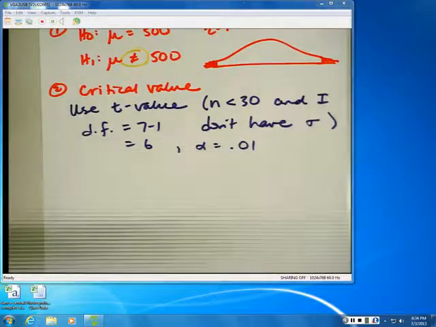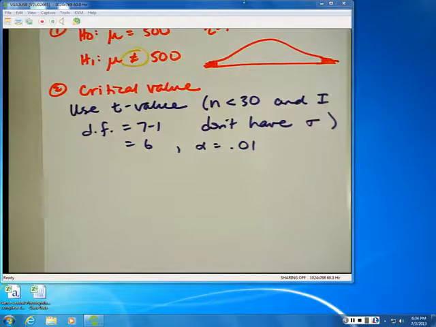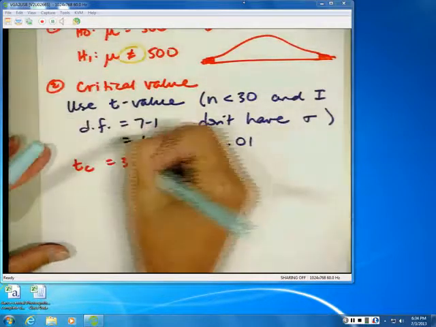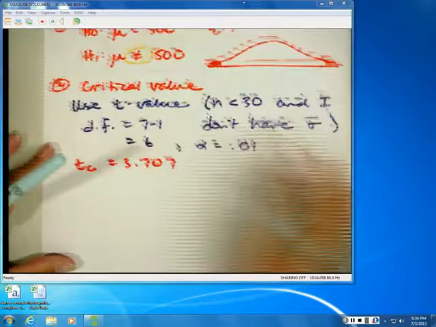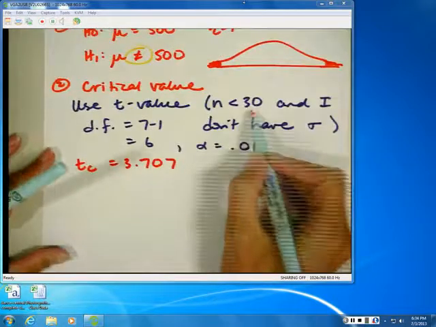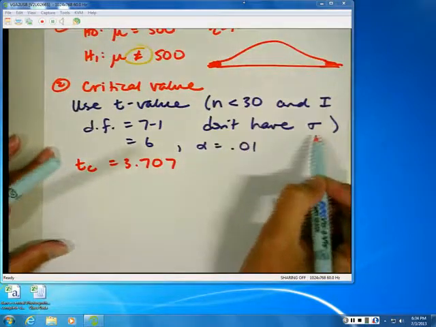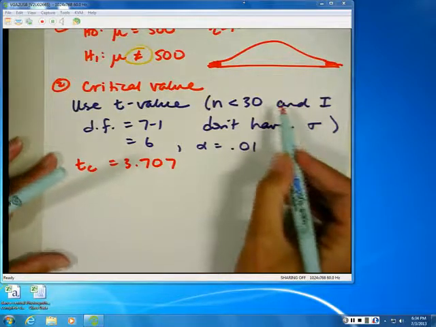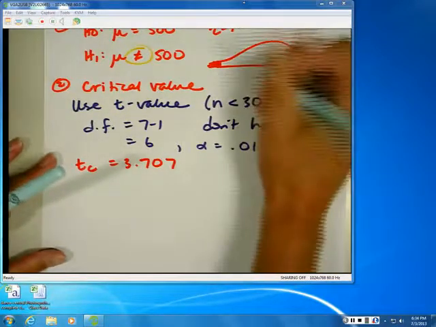You got that? So my t critical is 3.707. Small sample size, and they did not give me the population's standard deviation, so I cannot use a normal curve. This is actually a t-curve up here.